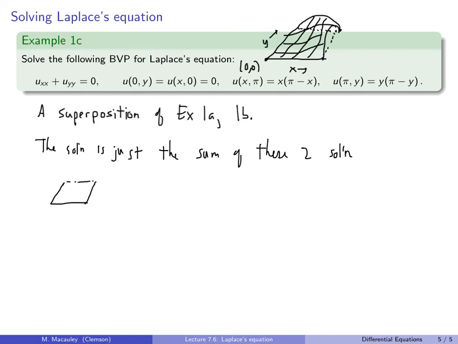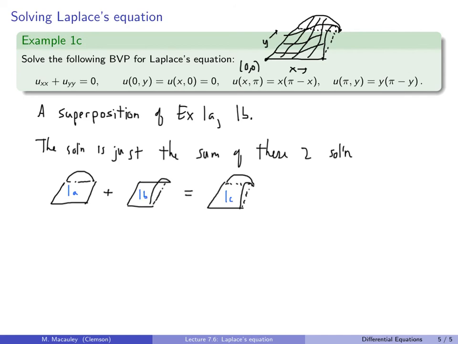So example 1a, we have this surface. Example 1b, we have this surface. That's not a very great drawing. And if we add those together, we get this surface right here. Doesn't that make sense? This is 1a, this is 1b, and this is 1c.